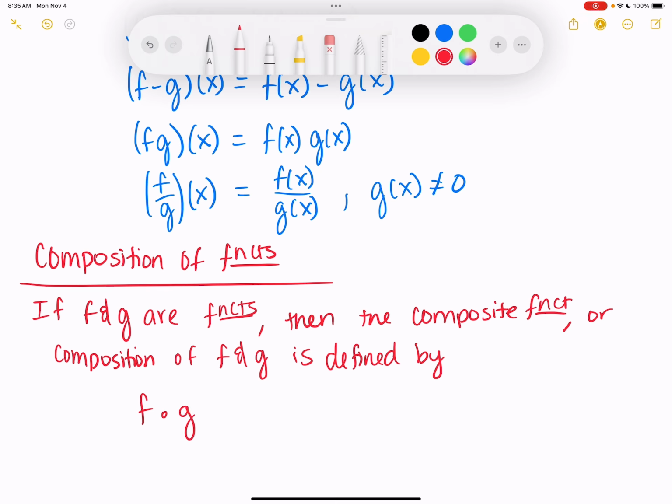Obviously if it was g of f of x it'd be a little different, but f of g of x is equal to, I prefer this notation I'm about to write, f and then in parentheses g of x.